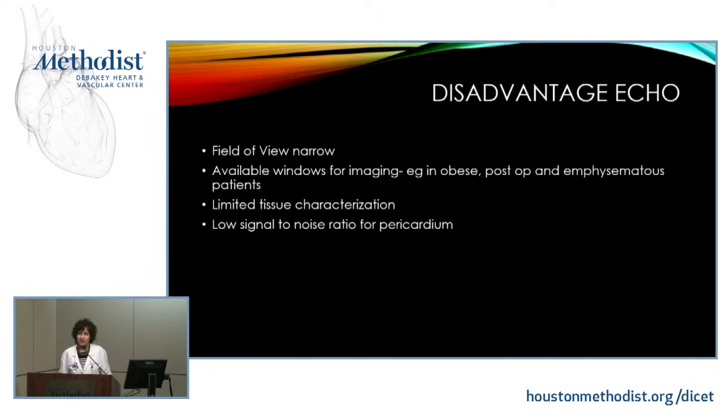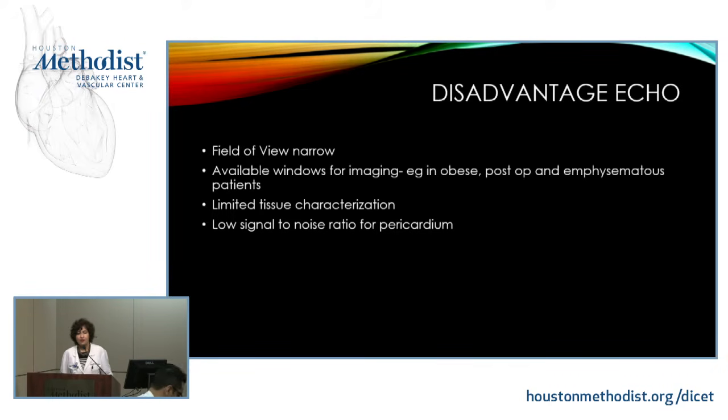Well, there are obviously some disadvantages. The field of view is narrow. We can't see much beyond the cardiac silhouette. There is the availability of the window, so if the patient is post-op or has COPD, the quality of imaging remains poor. And obviously, there is limited tissue characterization, which is what I was alluding to earlier.